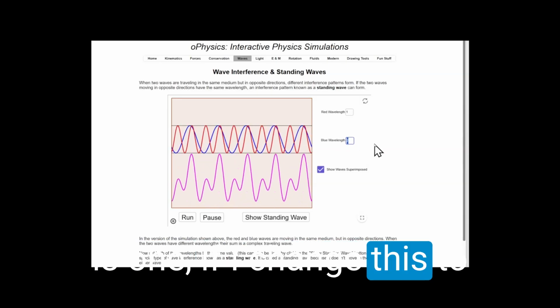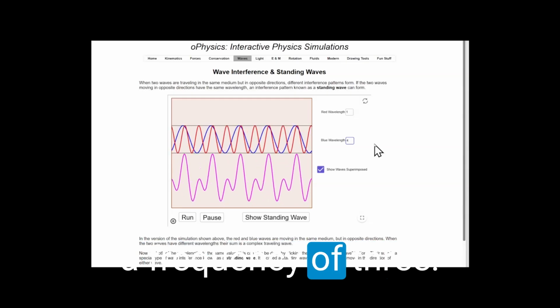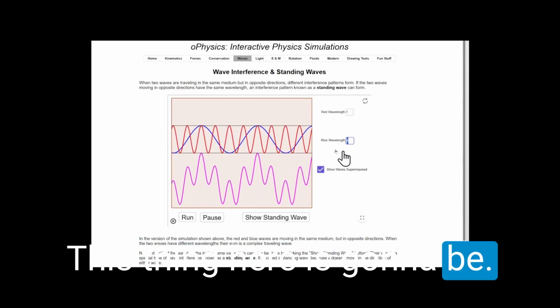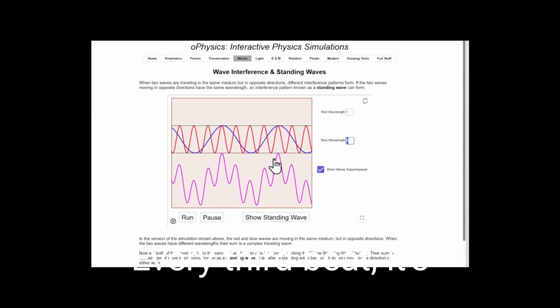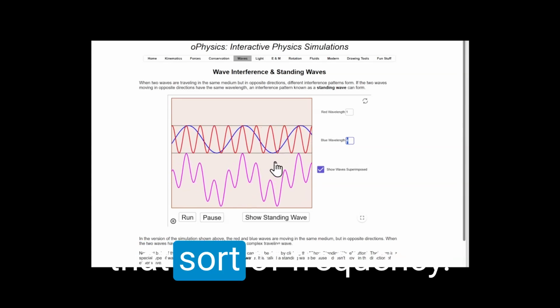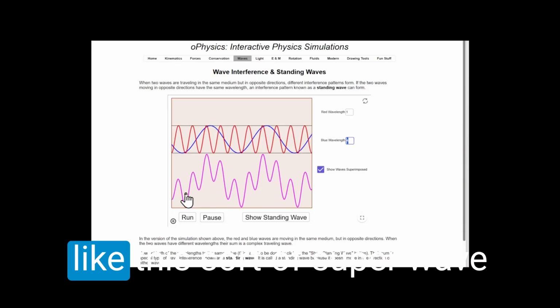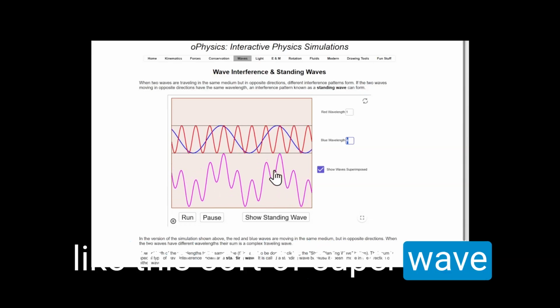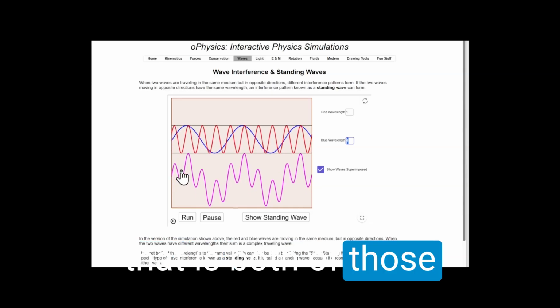If I change this to say 4, it's going to have a frequency of 3. So this is going to be every third beat, it's going to move at that sort of frequency. When you add them together, you have this sort of super wave that is both of those waves combined.